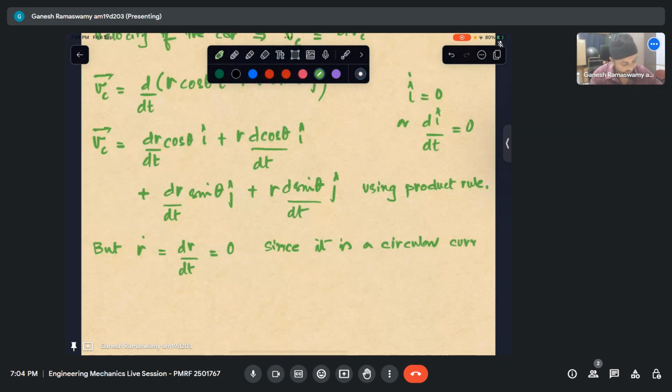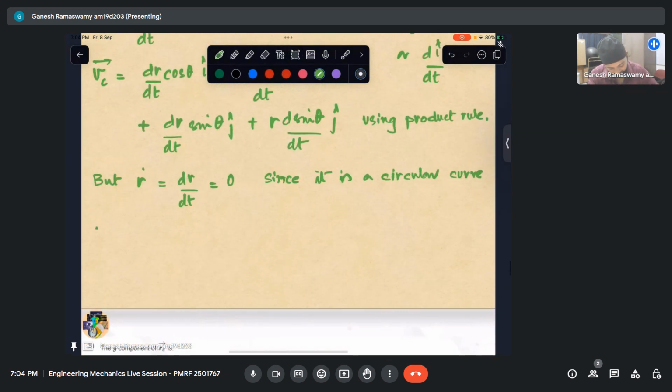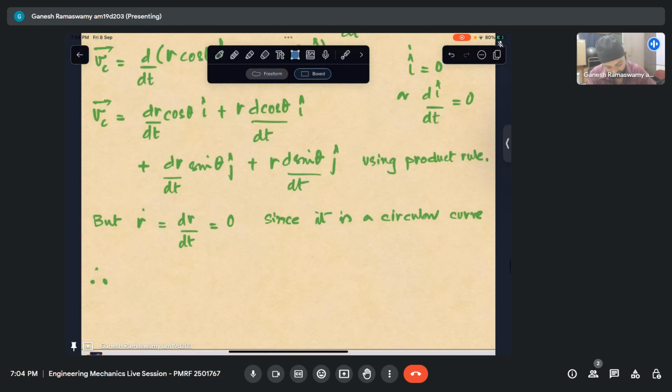So therefore, what does this come out to be? Vc is nothing but this term plus this term.